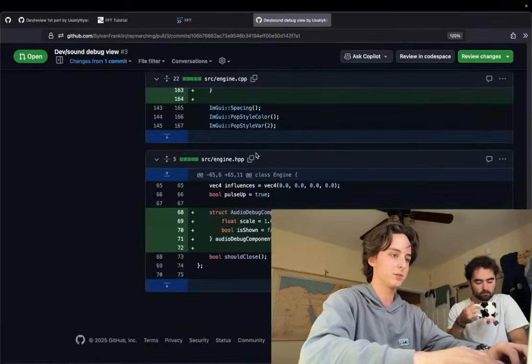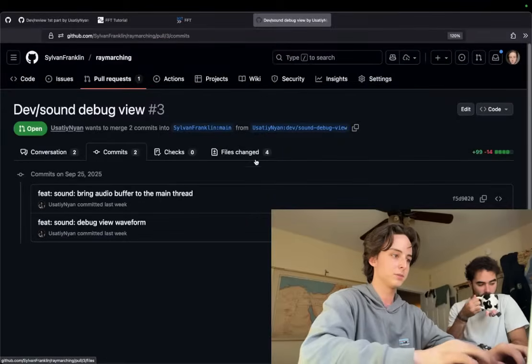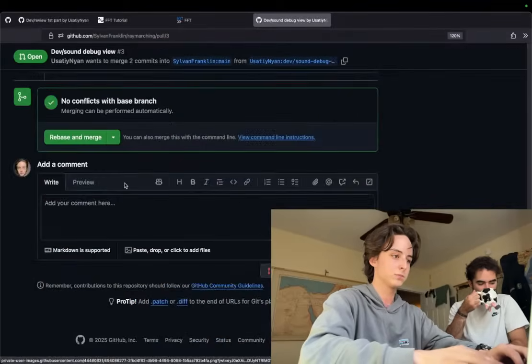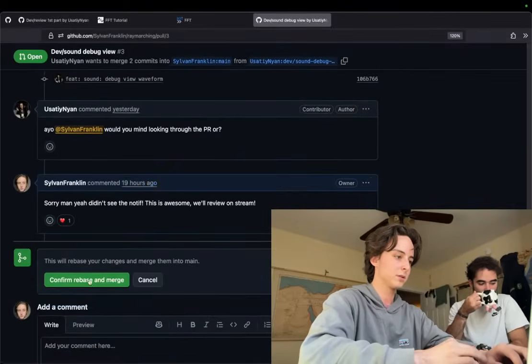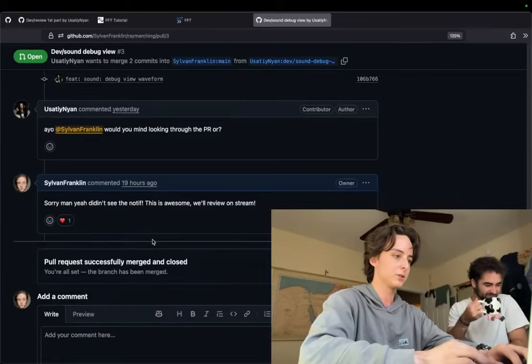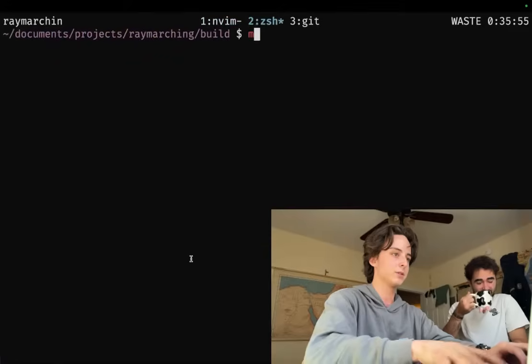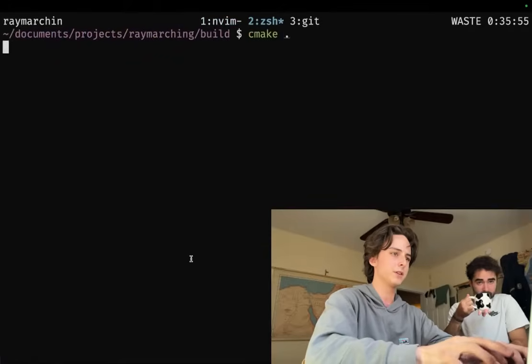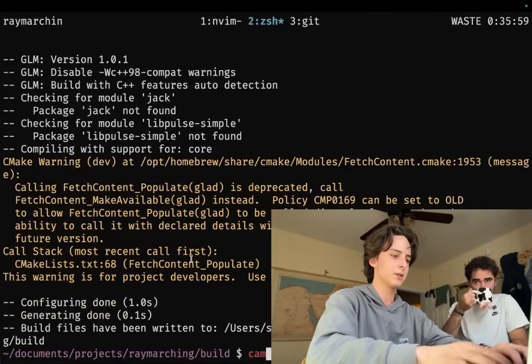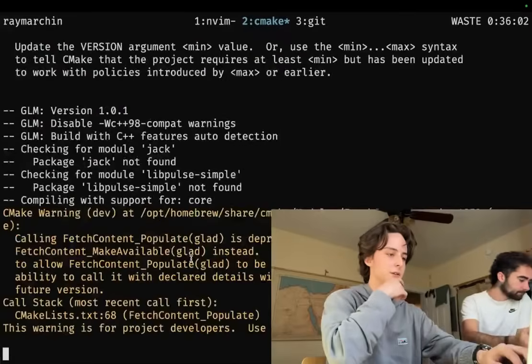Where's the merge button? It's back somewhere. Rebase, confirm, rebase and merge. Okay. Oh, that's hot. Pull that down. All right, let's rerun CMake probably, just in case any files changed. Oh, I don't think I passed the correct path. Okay.